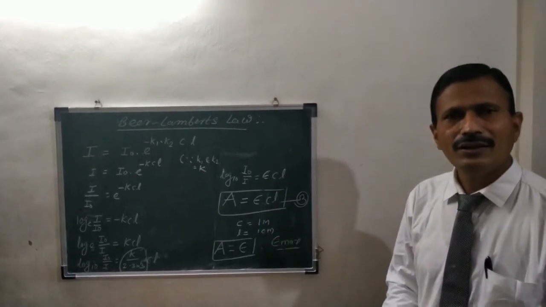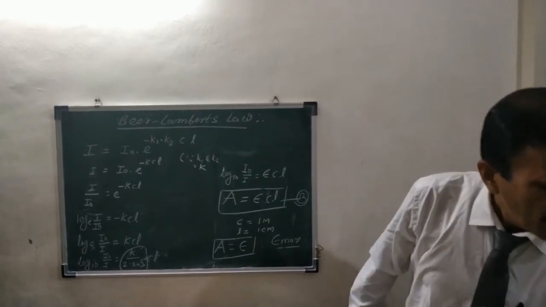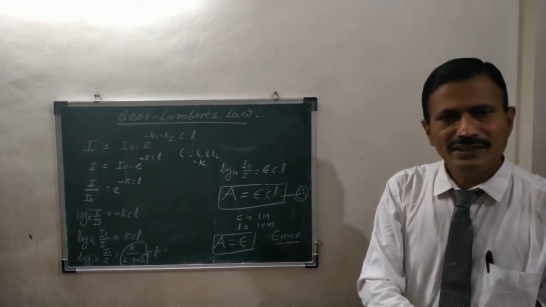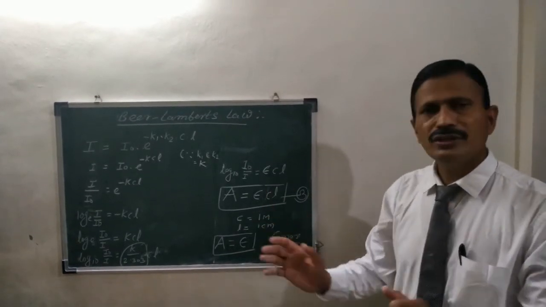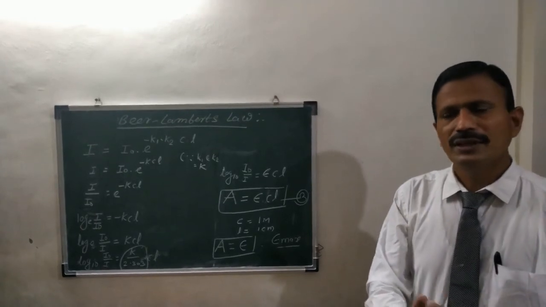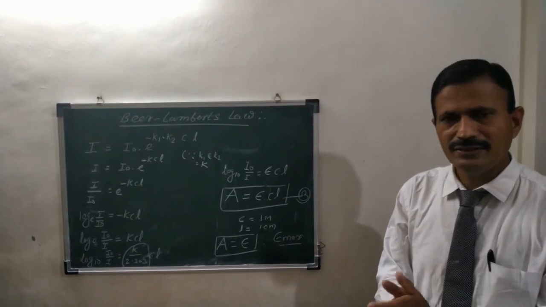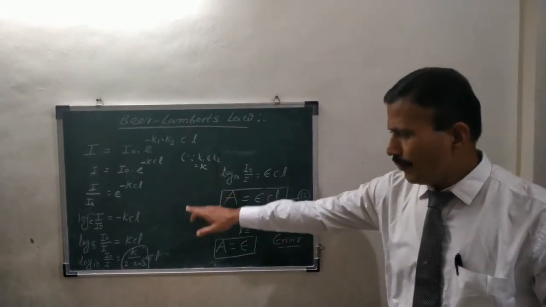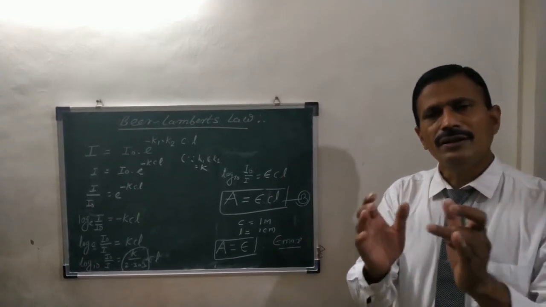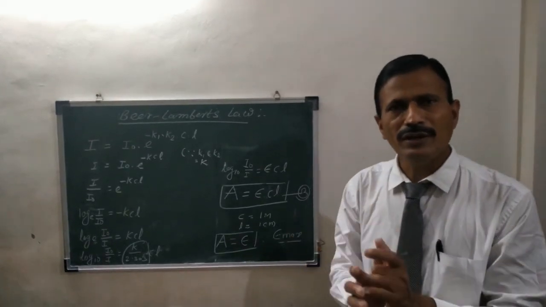The only condition is that we need dilute solutions. The Beer-Lambert law is well obeyed for solutions which are dilute in nature. For concentrated solutions, this law deviates from linearity, isn't it? It also requires that the solution does not show association, dissociation, or reaction with the solvent.